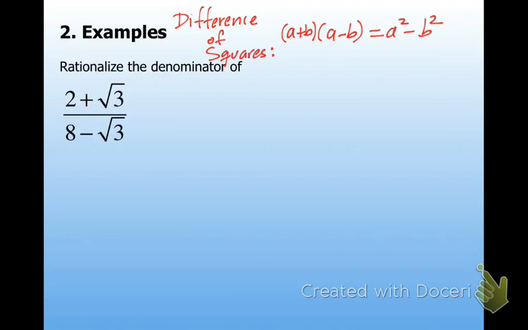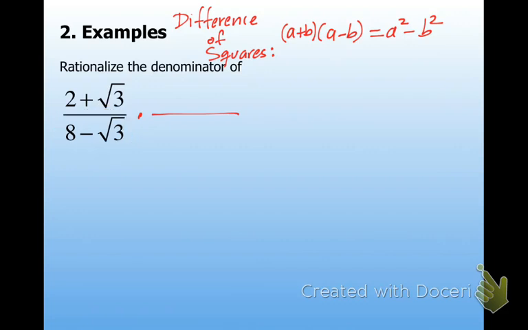How do we use difference of squares? Okay, I'm just going to look at my denominator. I'm going to forget, for now of course, the numerator, and I'm going to find the conjugate binomial of my denominator. What is the conjugate binomial of 8 minus the square root of 3?